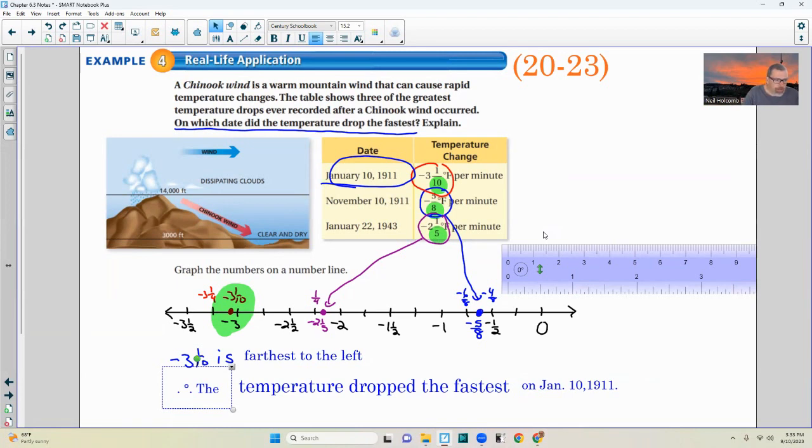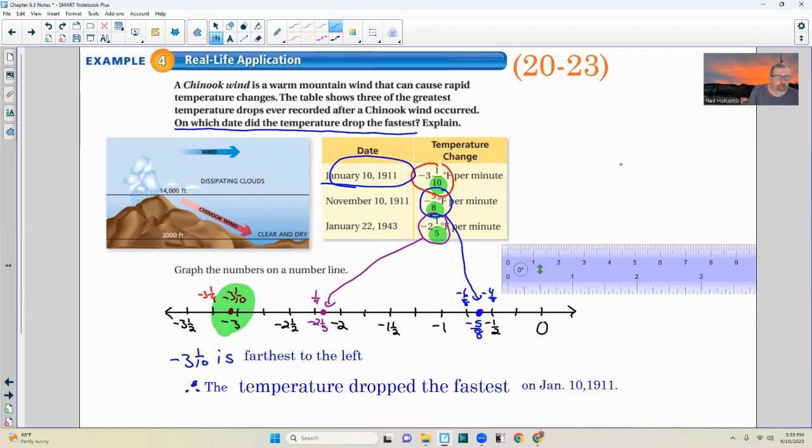So there it is with print rather than my writing. But this still should be 3 dots. Okay, so -3 1/10 is farthest to the left. The temperature dropped the fastest on January 10th, 1911.